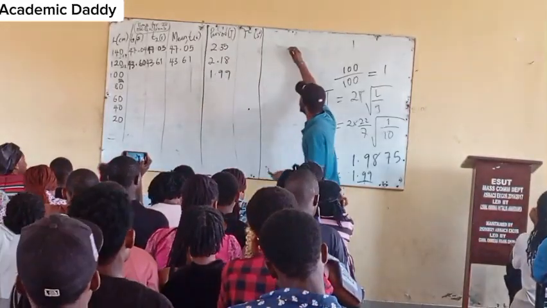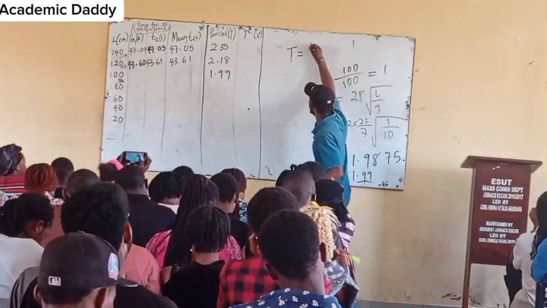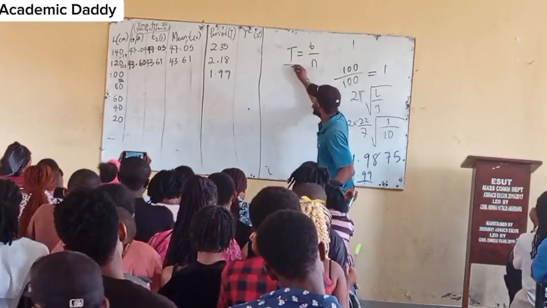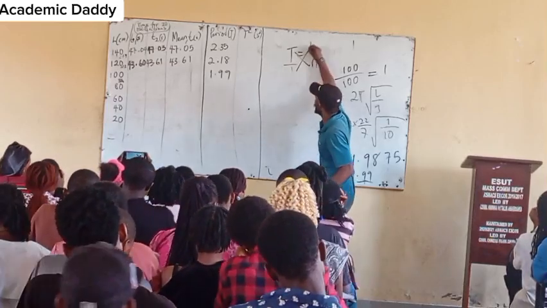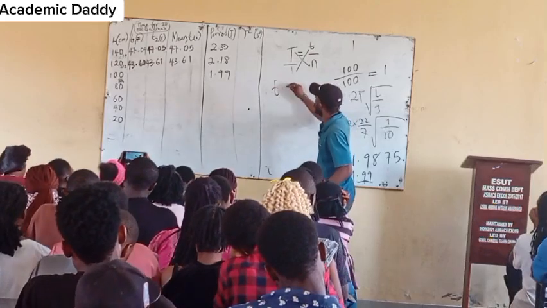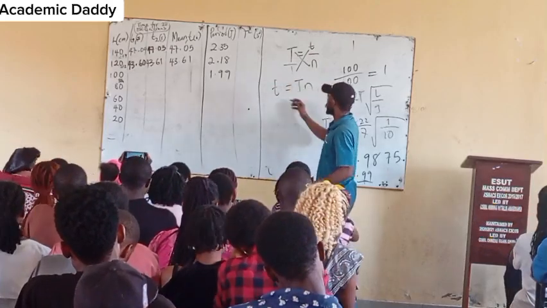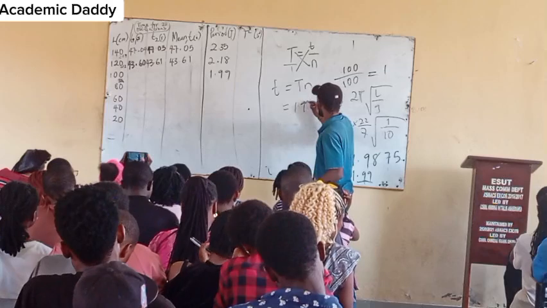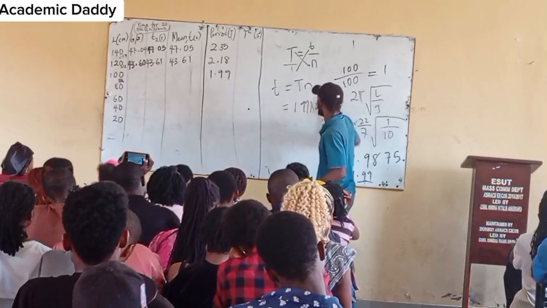Then I'll remember that T is also equal to t over n. So if this goes here, t is equal to T times n. So I'm going to say 1.99 times 20.